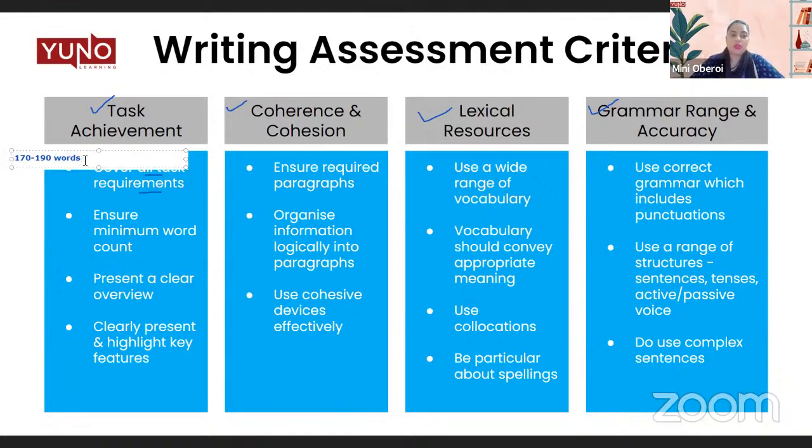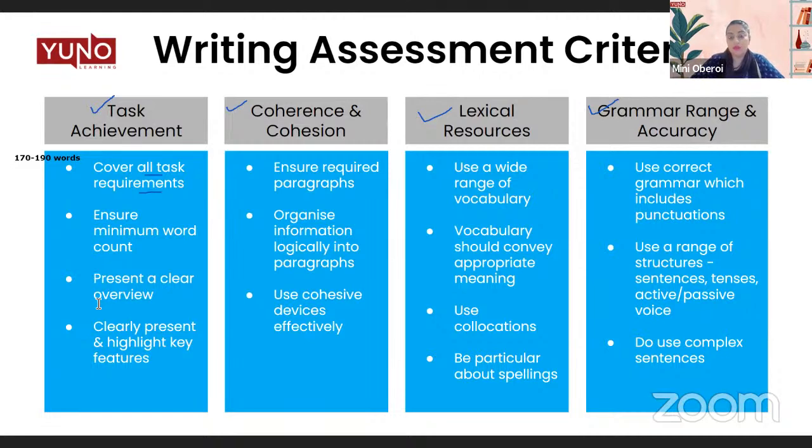We will not go beyond this limit. Why? Because we do not have so much time to invest. We have to invest only 20 minutes on Writing Task 1. So we have to be smart, be quick, and answer all the requirements in the visual input. Then ensure the minimum word length, as I said, 170 to 190 words.